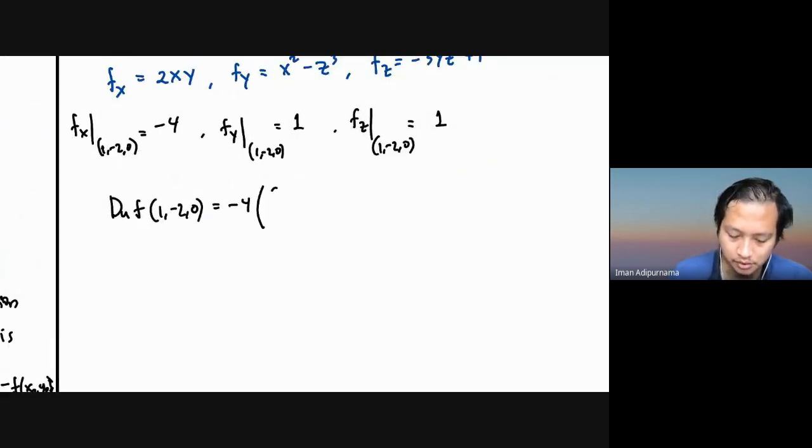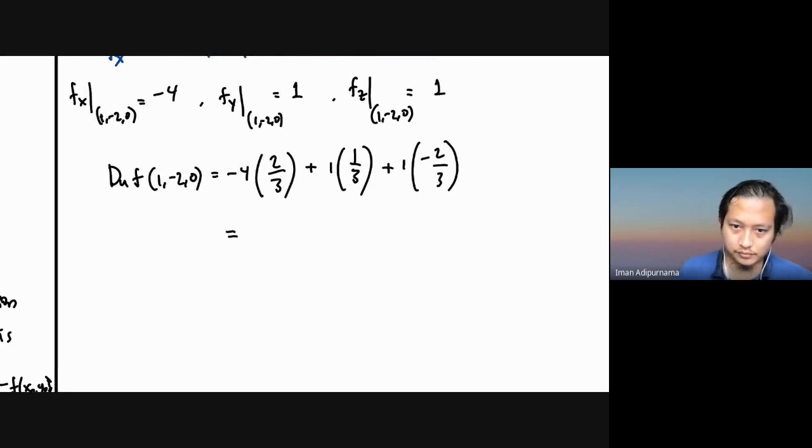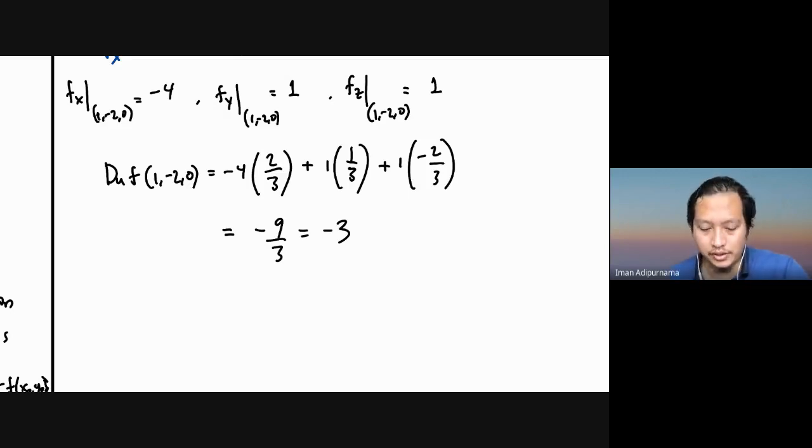So first is 2/3 plus the rest, so we get -3 as our result.